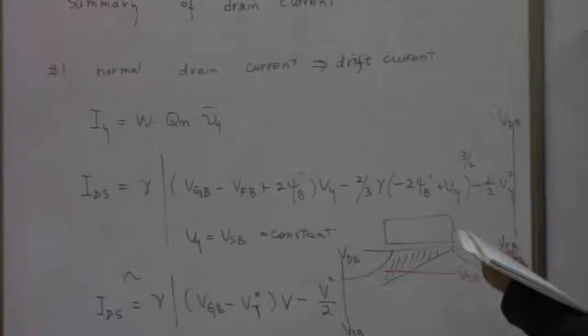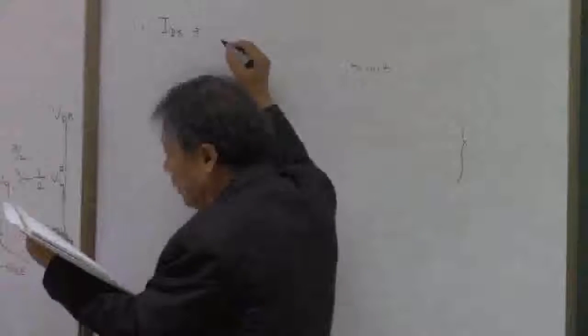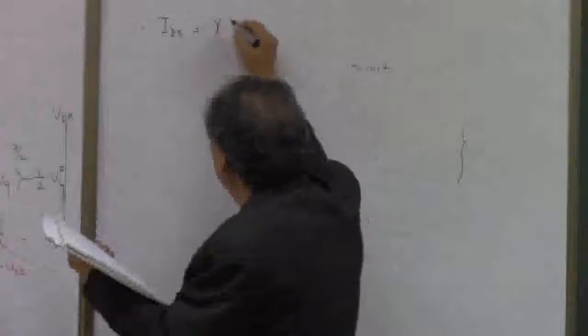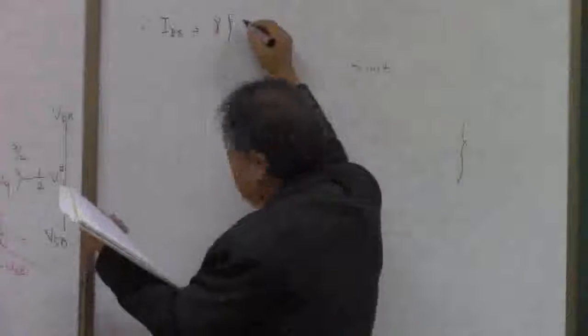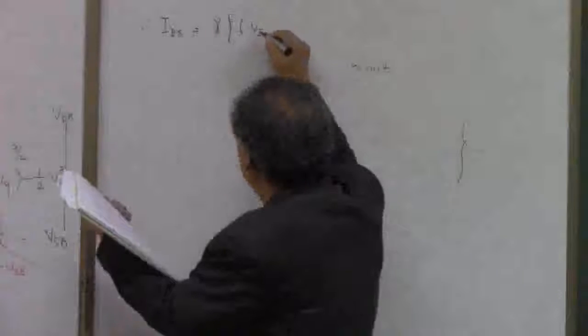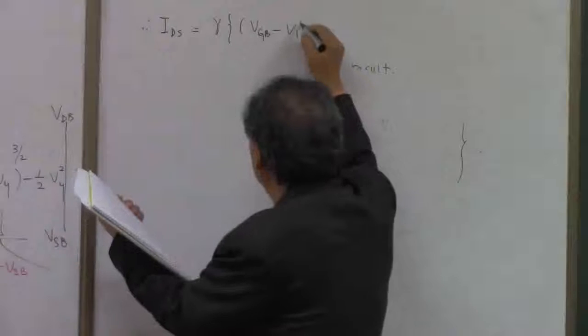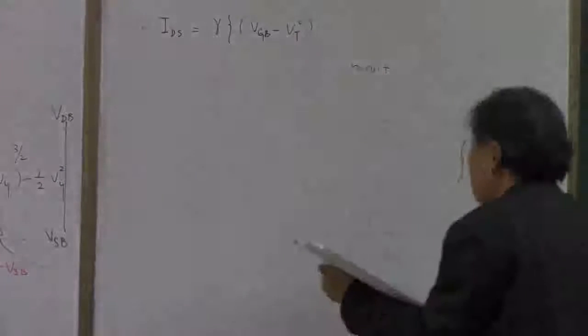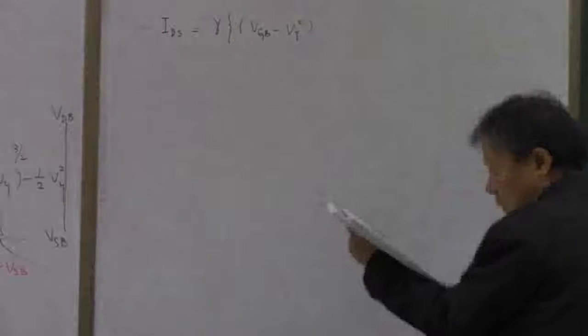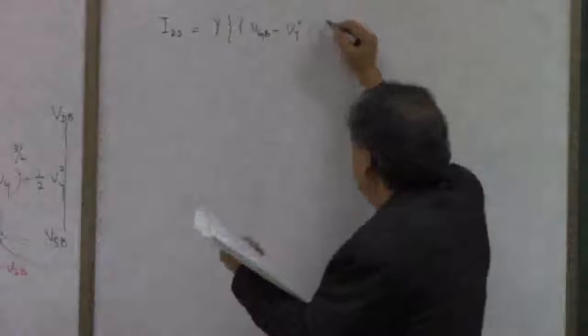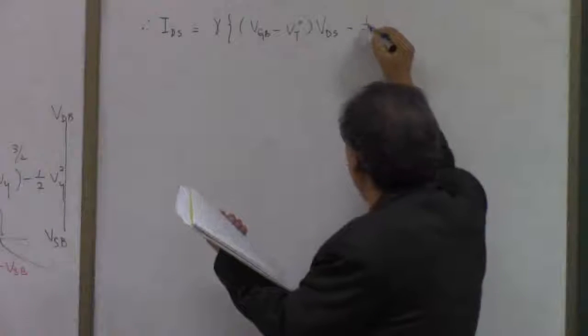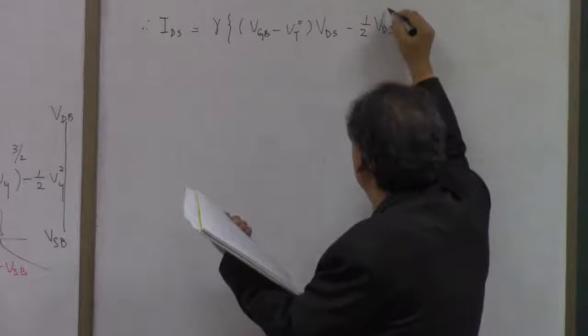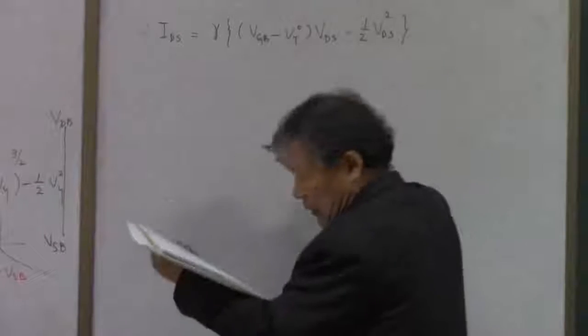Now, in the normal case with drift current, we can set VGB minus VT, that is the threshold voltage, and VDS minus 1/2 VDS squared, right?